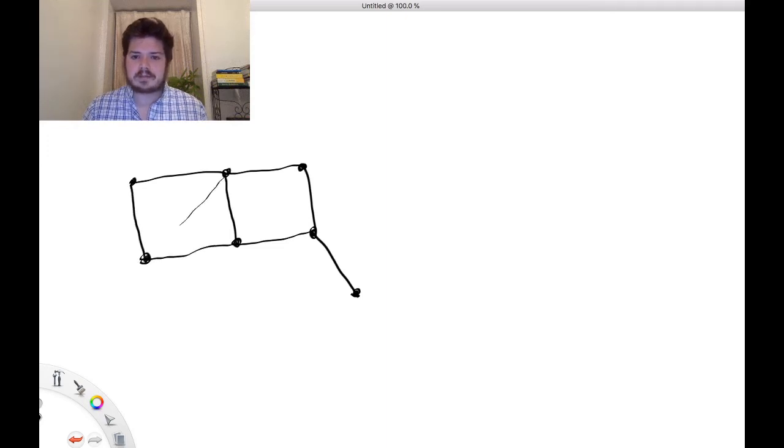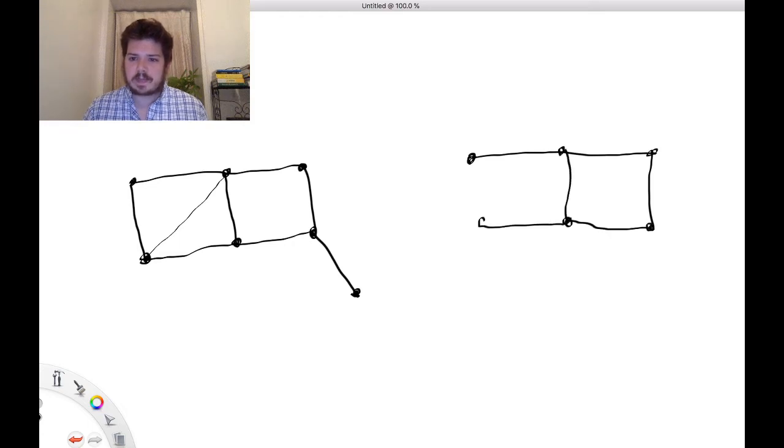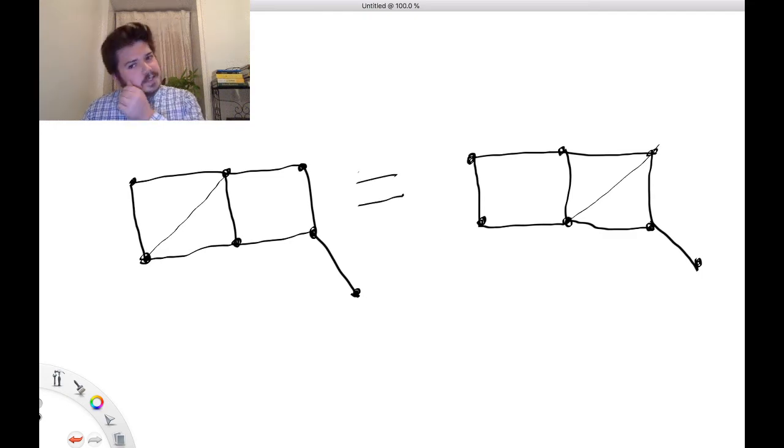And here's another graph. So you'll probably be able to see pretty intuitively why these graphs are not isomorphic. But this leads to another definition to really explain why they're not isomorphic.